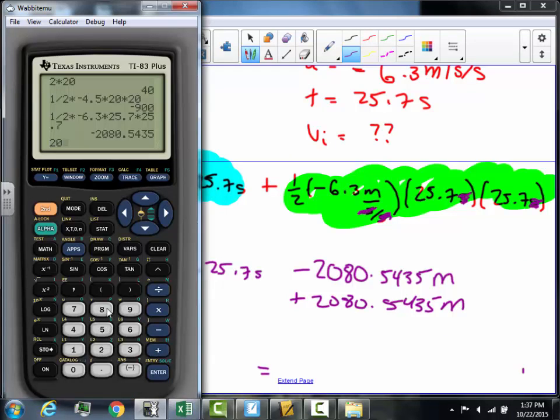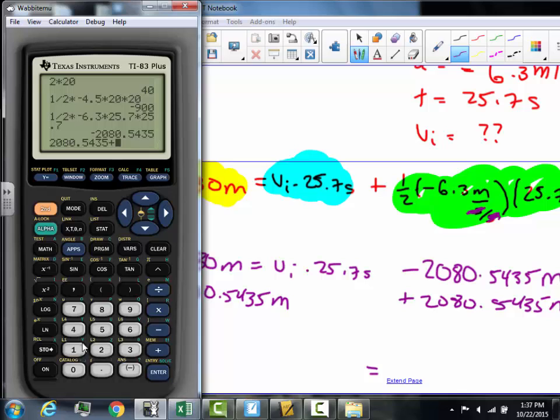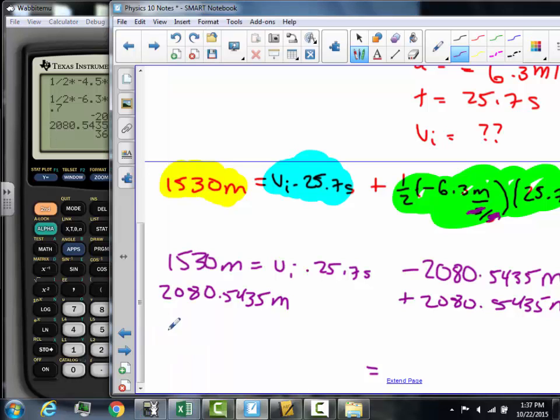So then I have to add, what was that? It was 1530. So now I've got 3, 6, 10. 3610.5435 meters.